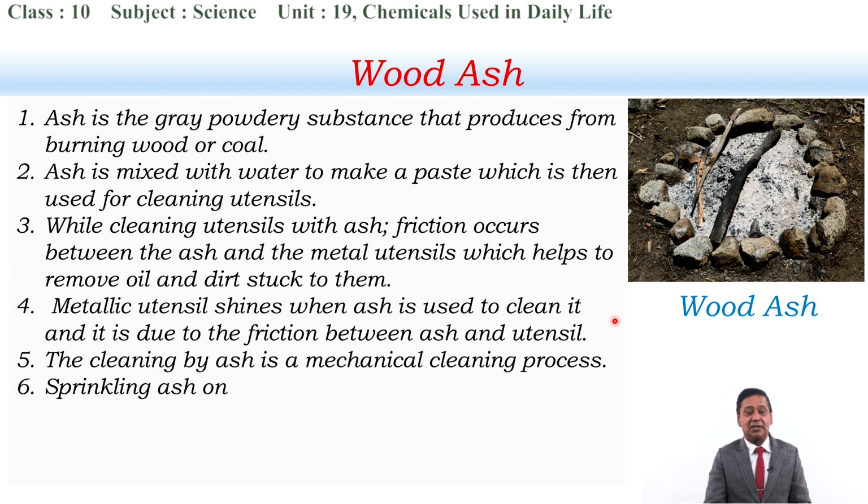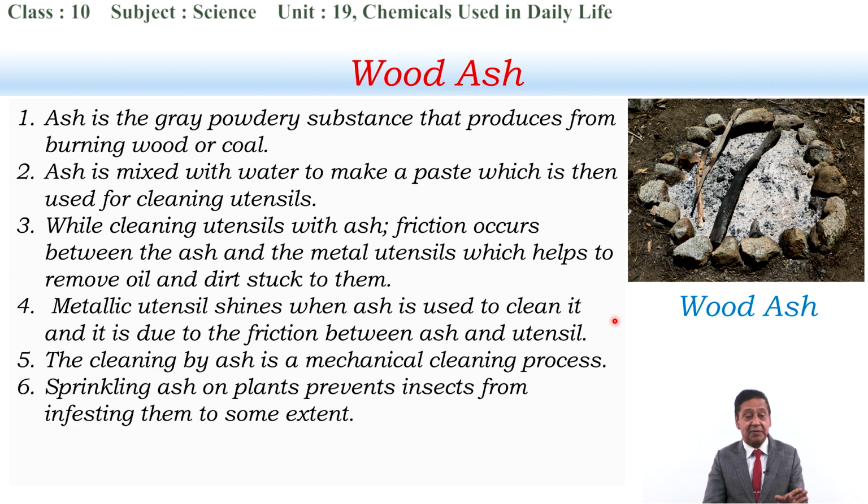Okay, let's have another. Sprinkling ash on plants prevents insects from infesting them to some extent. Ash is also used in the field, and at this time it is used as an insecticide. It controls the growth of insects, and this is extra information for you. Besides being a cleaning agent, it can also be used to prevent insect attacks on plants as an insecticide.